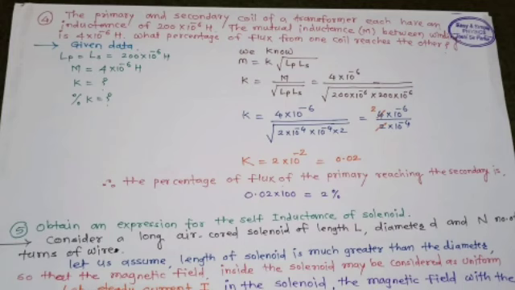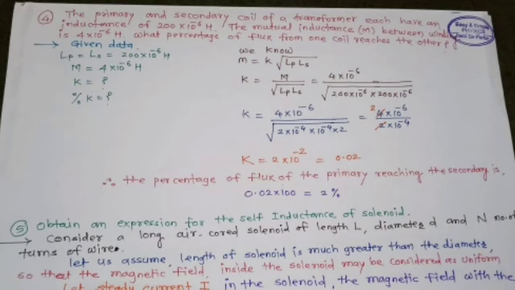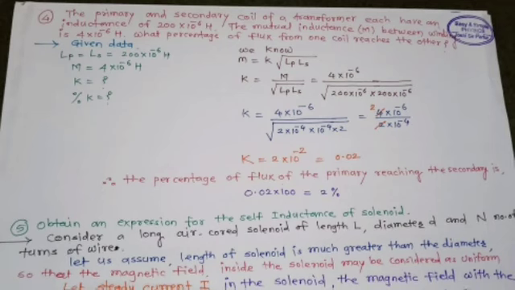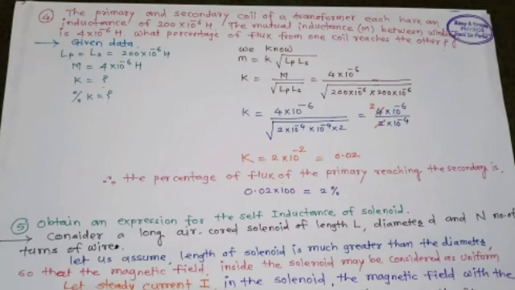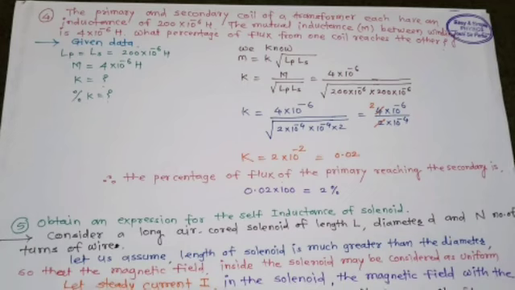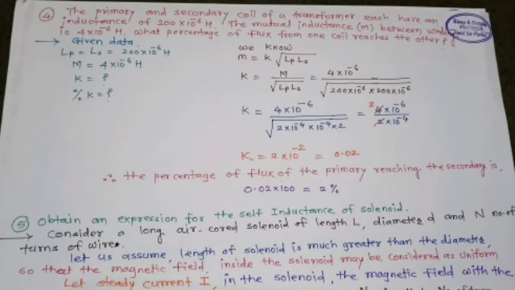So first of all we can calculate K, the coupling, and we can calculate the percentage of coupling K, or the percentage of flux of the primary reaching the secondary. So first we know that mutual inductance M is equal to K into square root of inductance across primary into inductance across secondary.